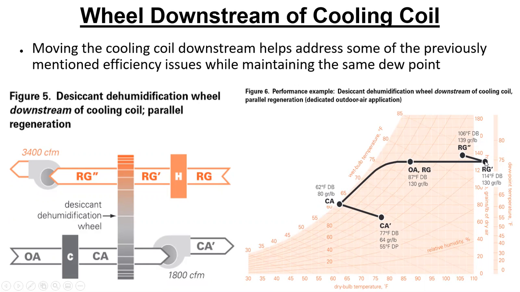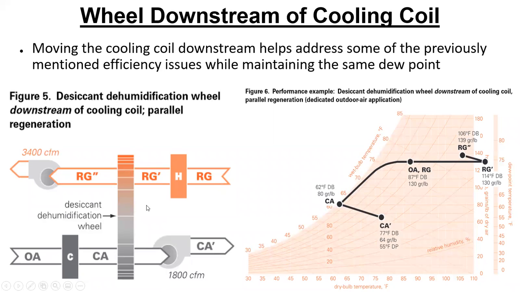Then we go across the coil and we exit at 139 grains per pound. So now this one is only picking up 9 grains per pound, and the air exits at 106. So this is much more benign in terms of temperature swings on the regeneration air.